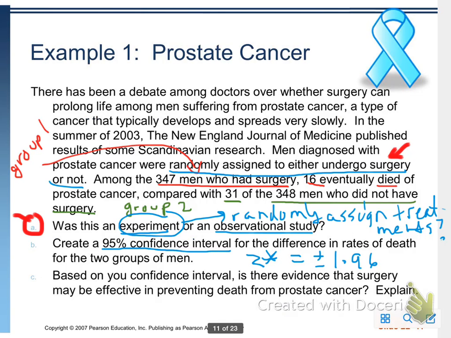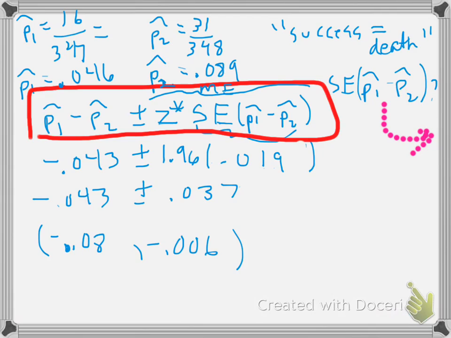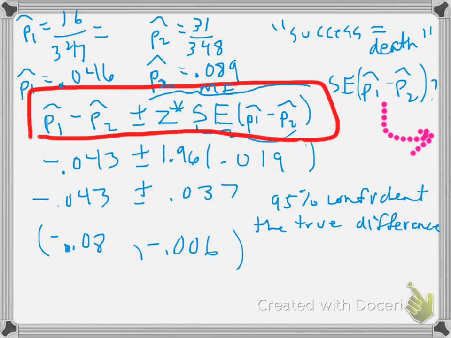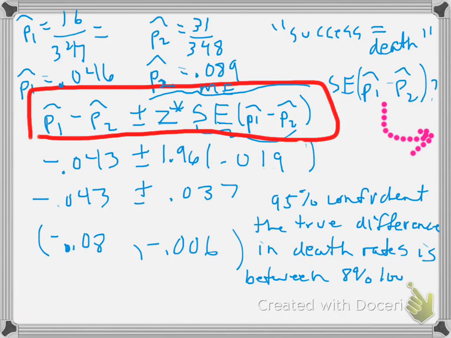So what does this confidence interval mean? Okay. Well, remember we were building a 95% confidence interval, if you look at the second bullet. So in this case, we are 95% confident the true difference in death rates is between 8% lower to 0.6% lower for those who had surgery.